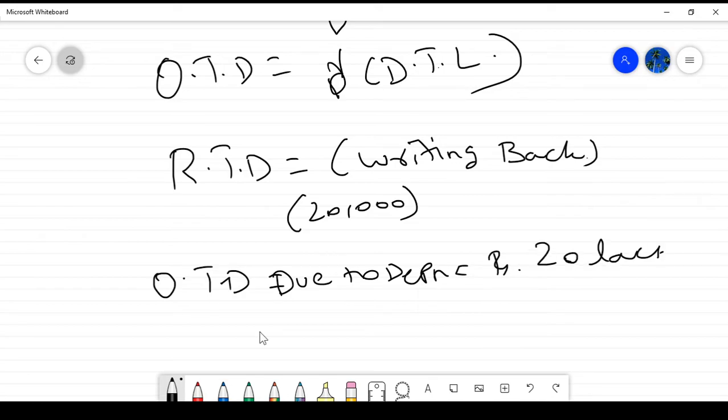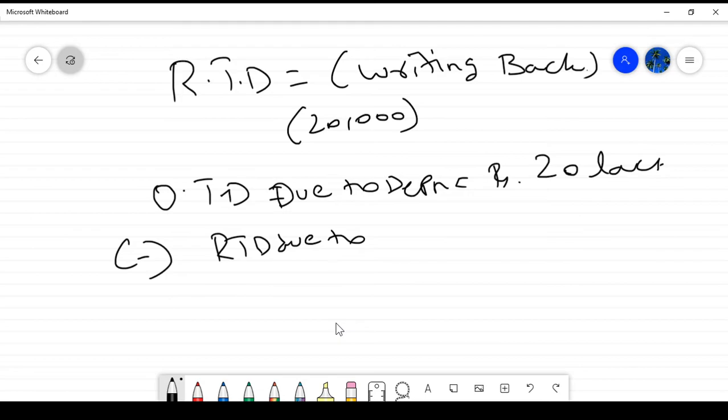Okay, this is the originating timing difference, first time happening, minus RTD due to writing back DTL, that is 0.2 lakhs.